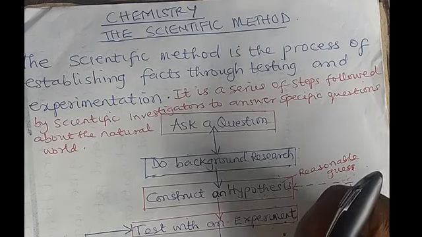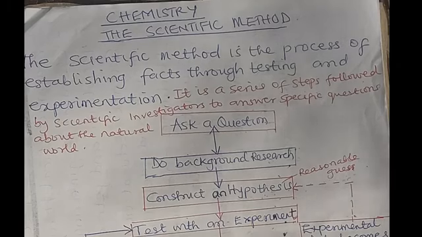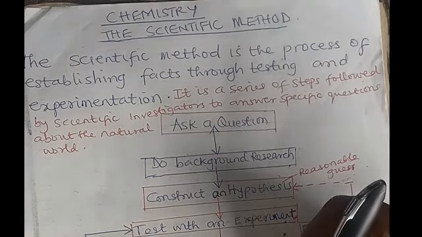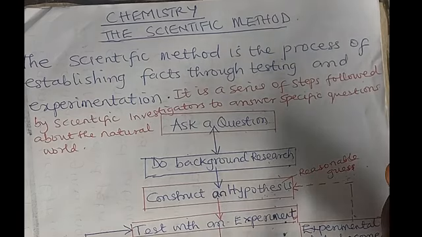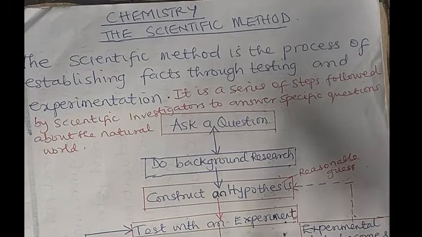Now, what you have just made there is a theory that, okay, water helps plants to grow. So this theory can still be built upon by other scientists or by you to get a law or principle. So it is after theories have been subjected to a series of tests that we get laws or principles.